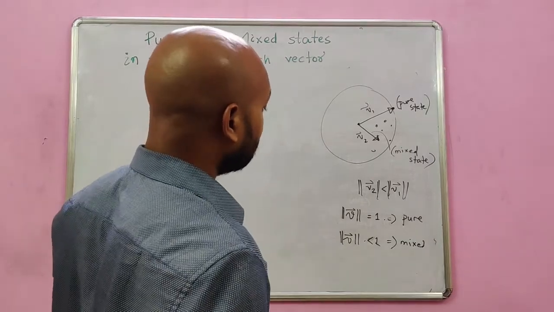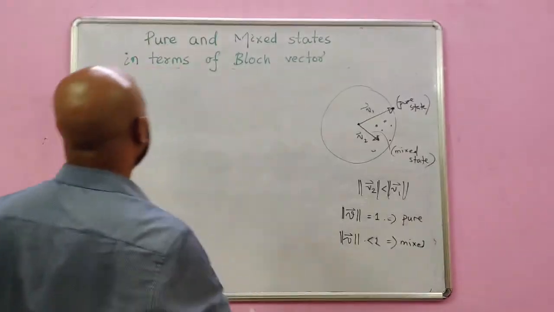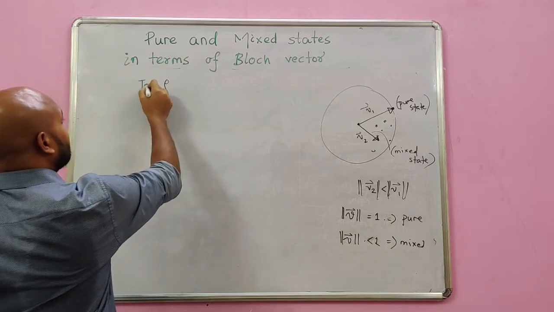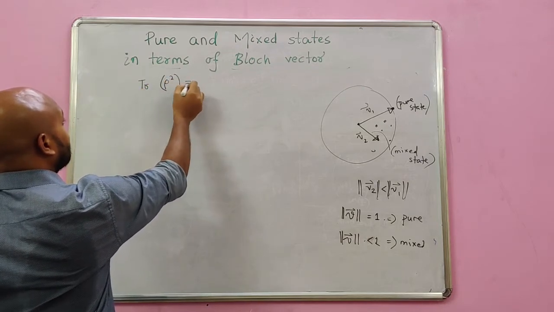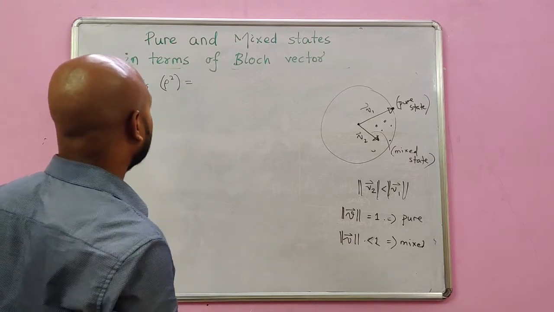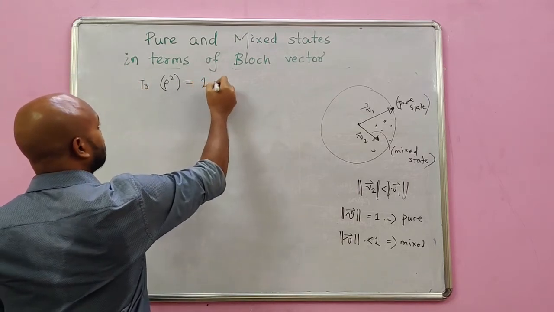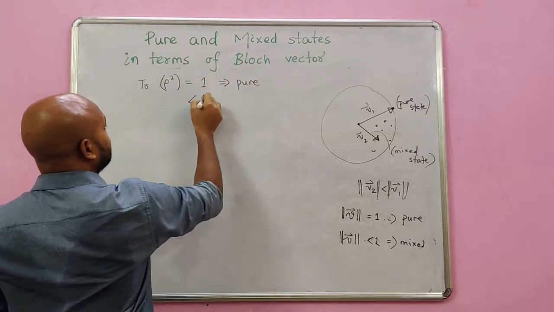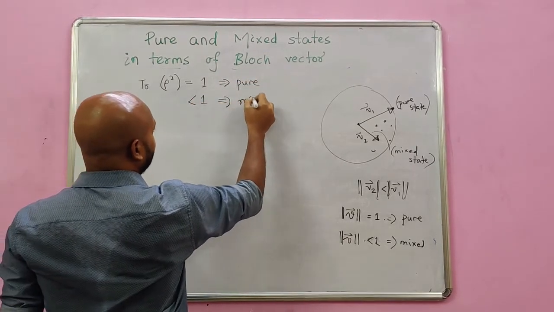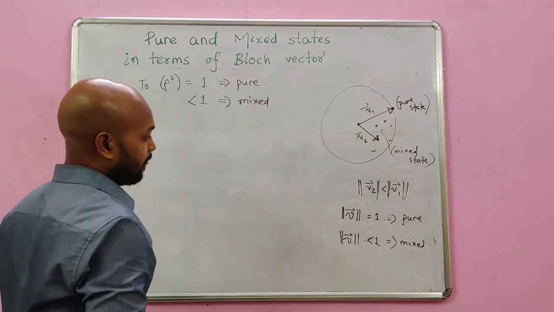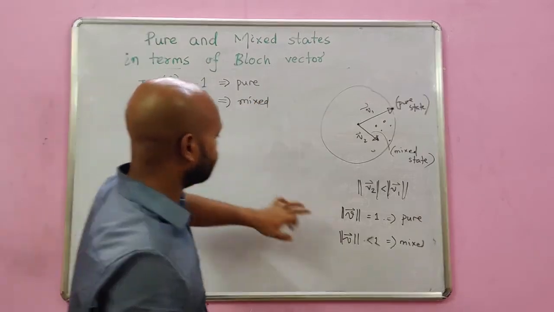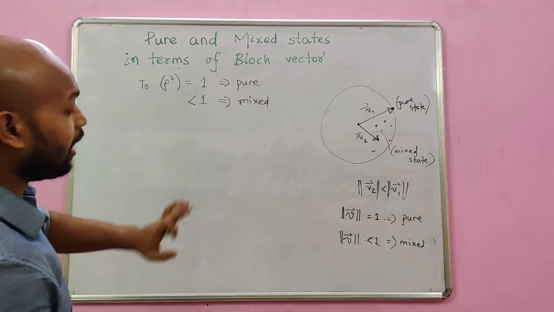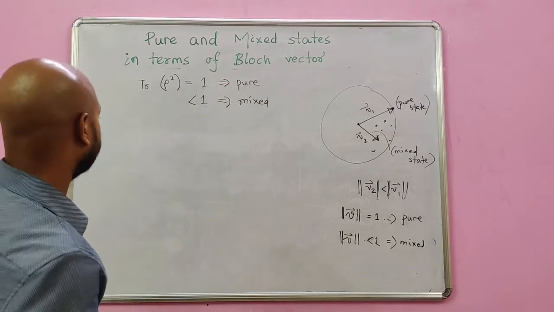Not only so, this could be directly generalized from the idea that the trace of rho square equals 1 implies a pure state, and less than 1 implies a mixed state. Let's try to connect these two ideas, and see how they are derivable from each other.